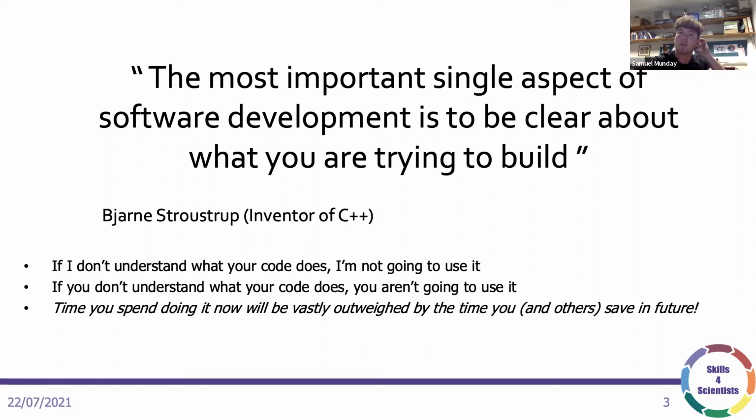And any time you spend here is going to be vastly outweighed by the time you save others and yourself in the future. And that's because, in a sense, your code is a living thing. You don't put it away and never look at it again. You go back to it, as I've said, a day, a week, a month, a year later. And if it's hard to reason now, you're not going to be able to reason what you've done then.